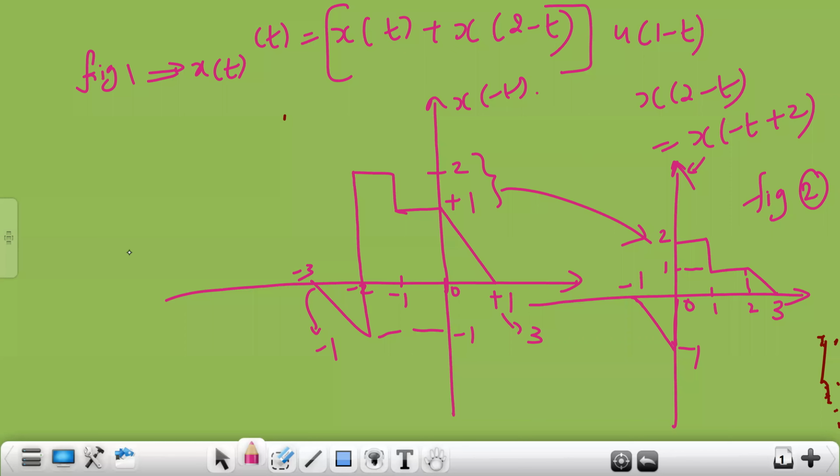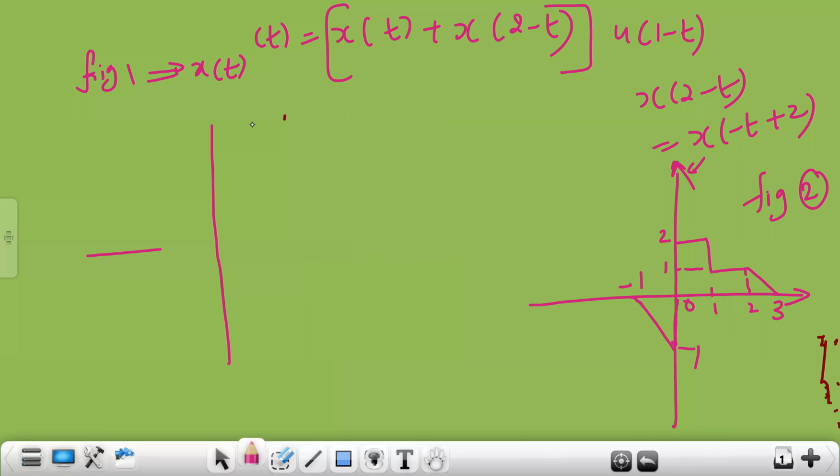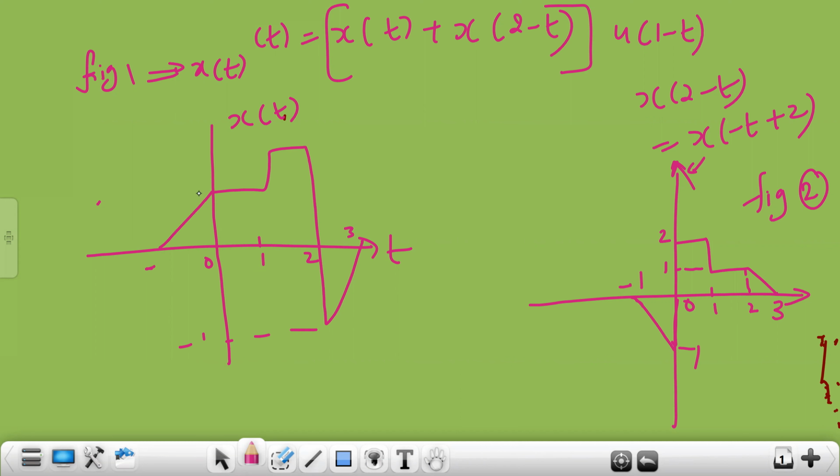Figure number 1 is nothing but your x of t, which is given in your question. That is coming like this only. This was your given signal. Now you need to add figure 1 and figure 2.